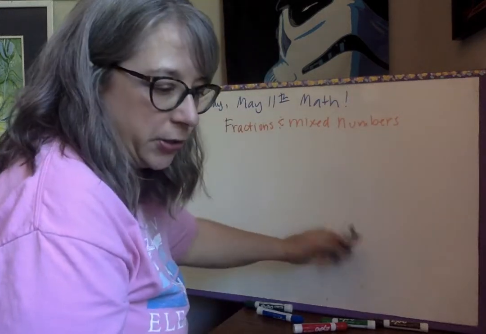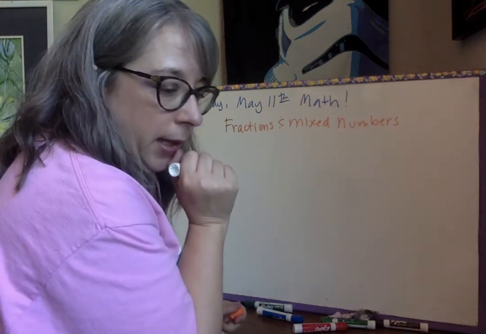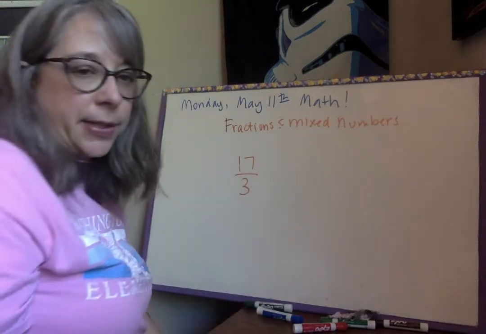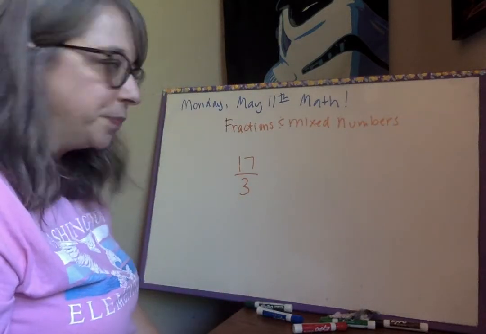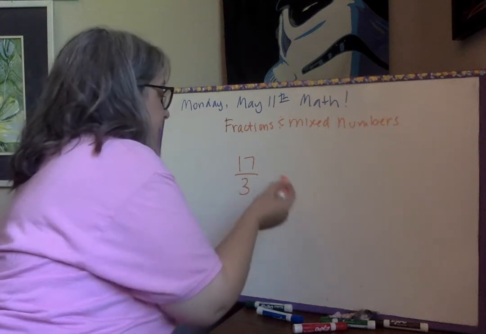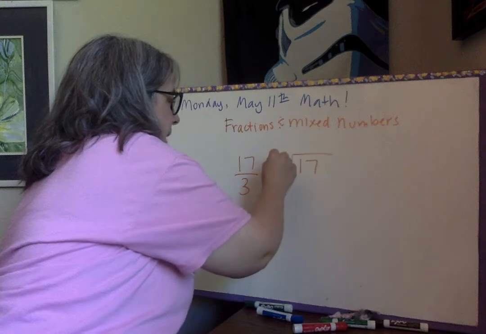All right, let's do 17/3. So this is an improper fraction, and we're going to turn it into what we'd call a mixed number. So we're going to say 17 divided by 3.